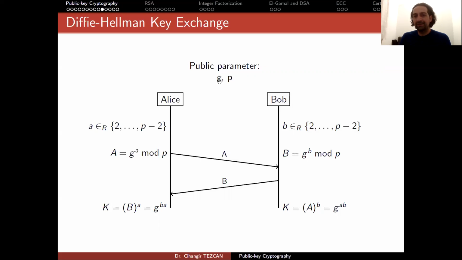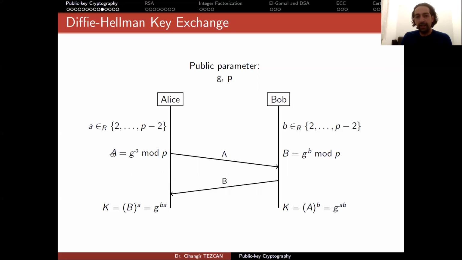In most cases, these numbers are chosen really small, like 3 or 2 to the 16 plus 1, because it has a lot of zeros in terms of bits, so the operations are somewhat faster when you choose that G. So the attacker already knows G and P.